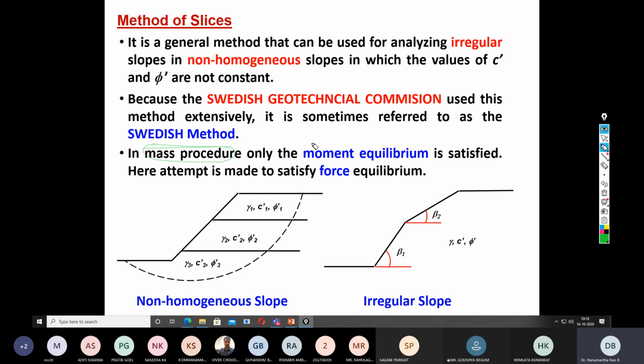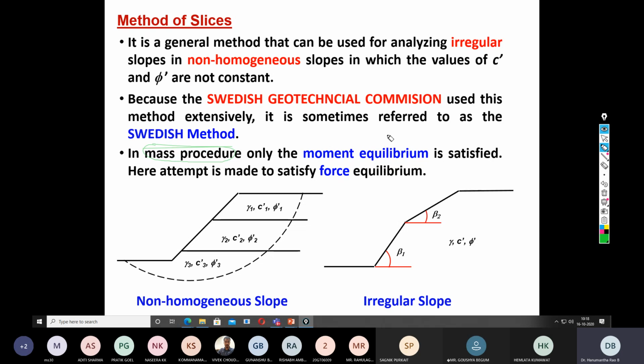So undrained analysis and other cases where there is a possibility of the development of pore water pressure because of the overburden alone. When these kinds of slopes are encountered in real life, how do we determine the desired factor of safety? In these circumstances, it is not only moment equilibrium that suffices to determine the factor of safety.